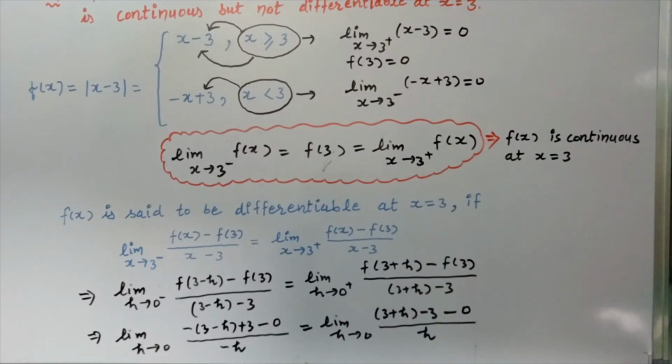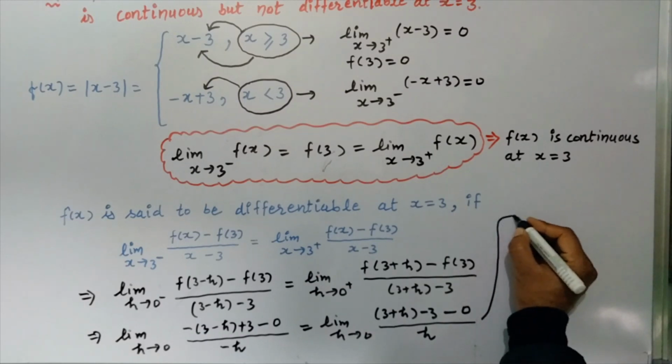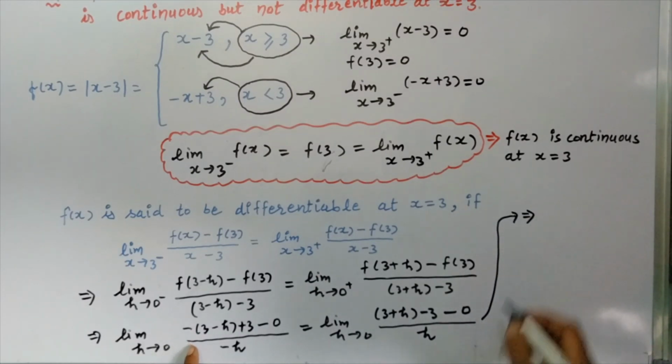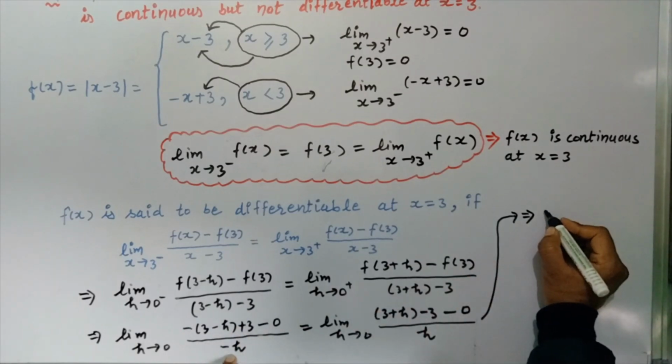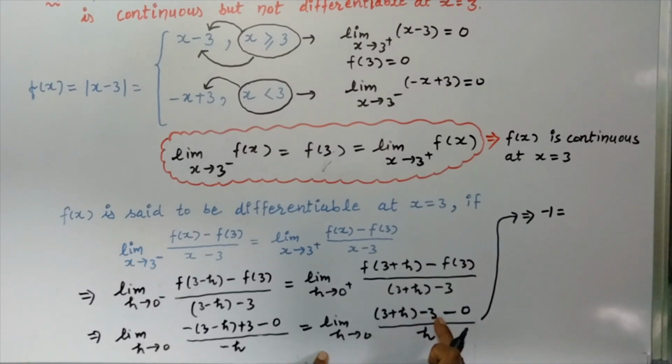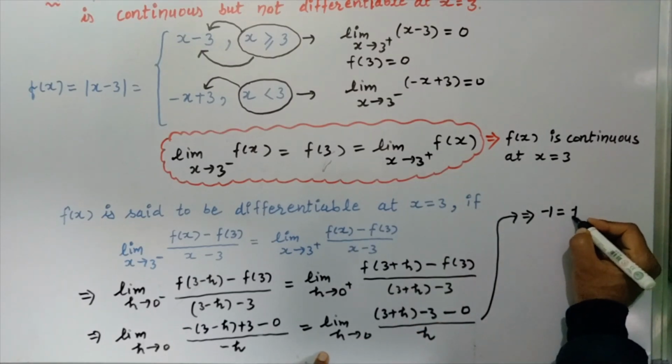So now we have minus 3 plus 3 cancelled, plus h upon minus h, which is minus 1, equal to, here 3 cancelled, plus h upon h, which is equal to 1.